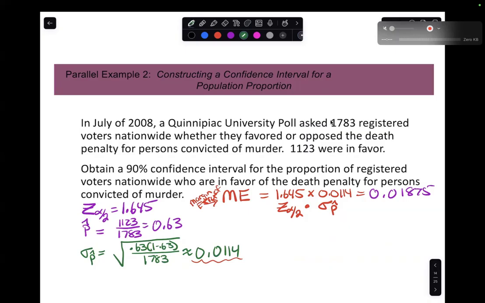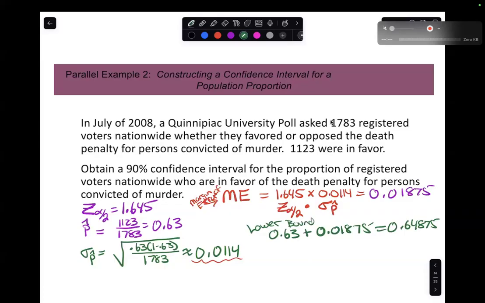Another example of your math teacher is human. So 0.63 plus 0.01875. There we go. It just was like that number is way too big. I don't know what I would do without everyone in this room.